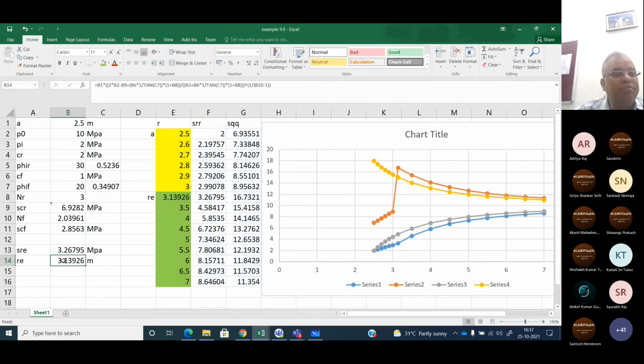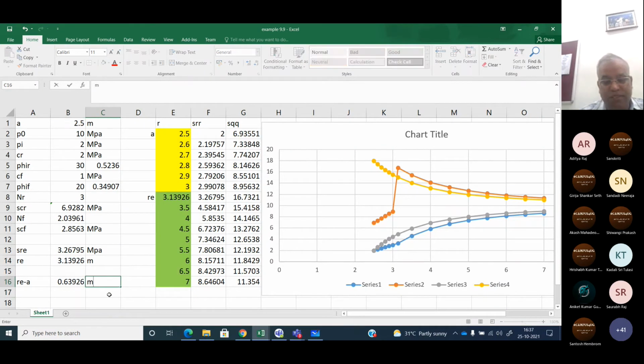I got a Re and I already know it. So what is the failure zone? That means Re minus a, I can find out. This will be Re minus a. So around 0.64 meter is the failure zone.